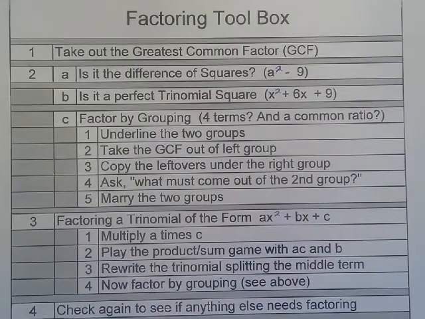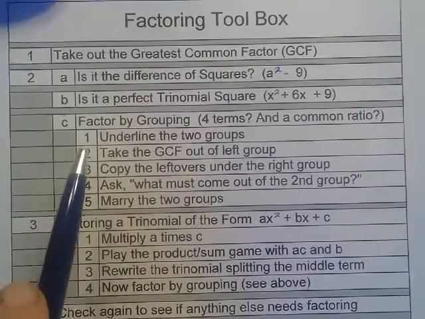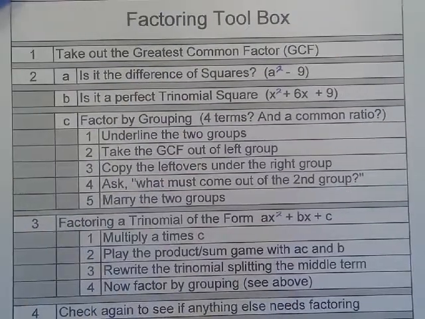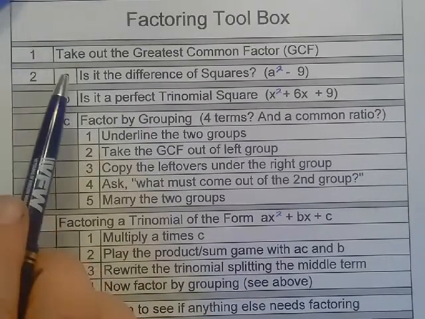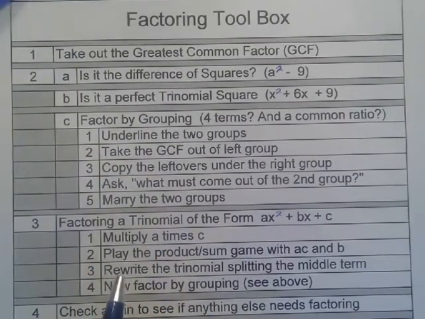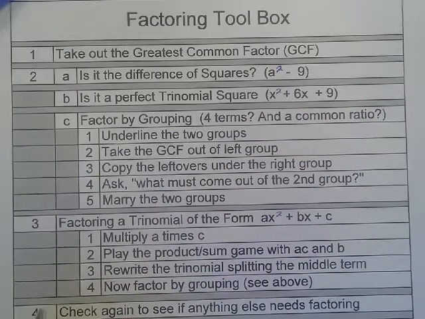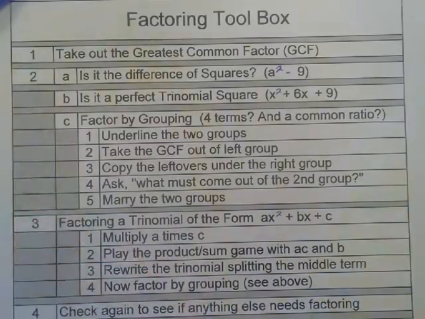Now, this factoring toolbox looks pretty big, but in many ways it's going to go by pretty quick, and you'll figure this out pretty fast. There's really only a few tools on here. Let's count them. 1, 2A, 2B, 2C, number 3, and number 4. That's 6 tools.